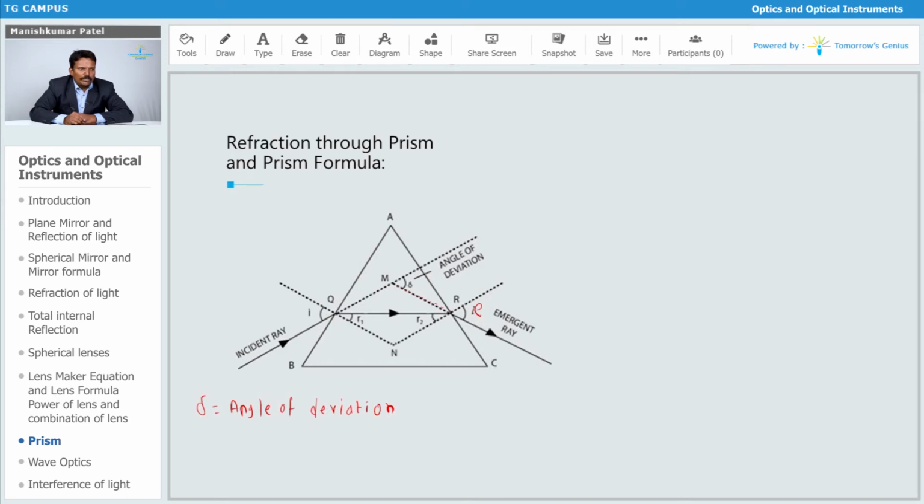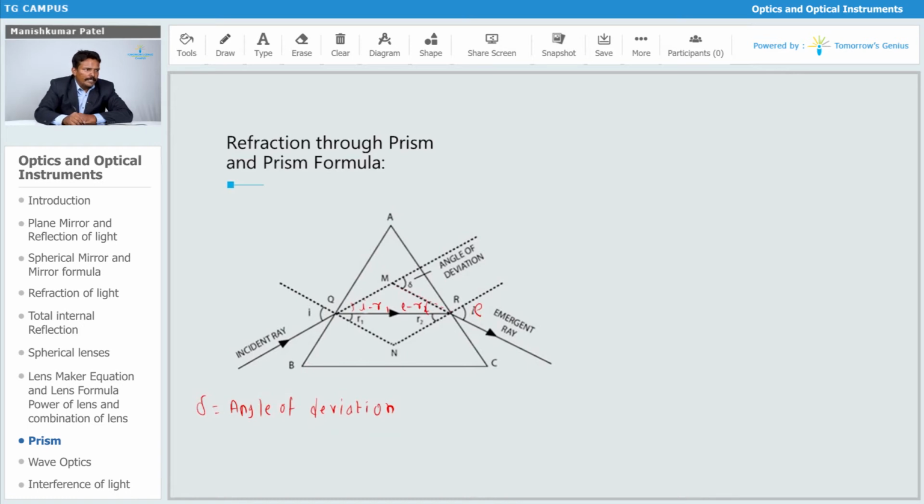So what you have to do here is this. This is R1. Now this one is I minus R1, and this one is E minus R2.